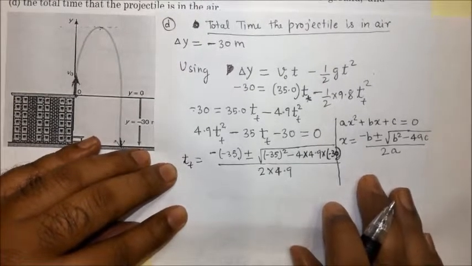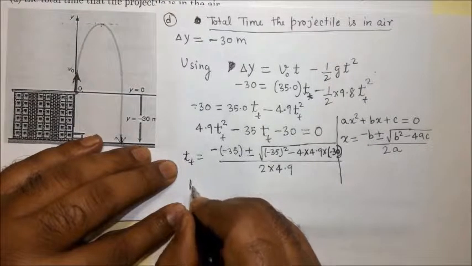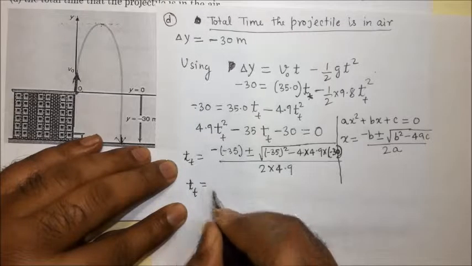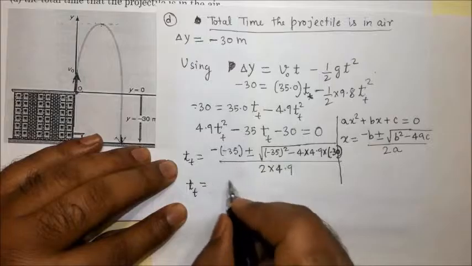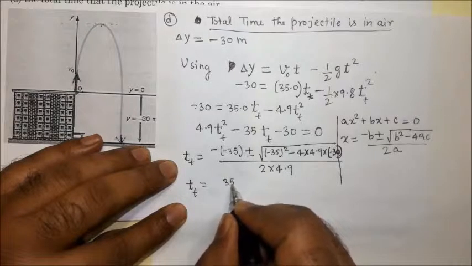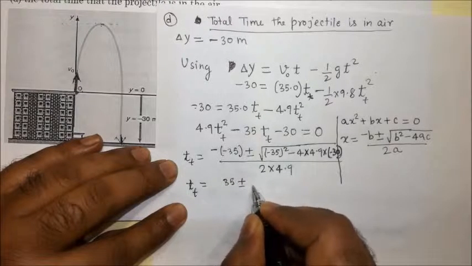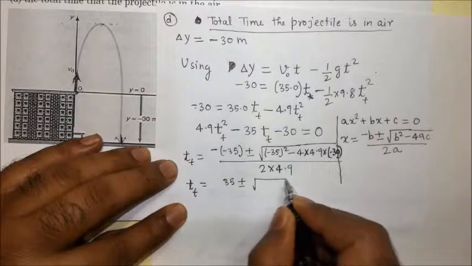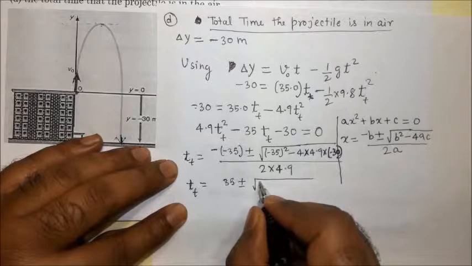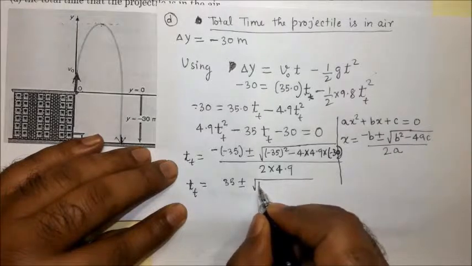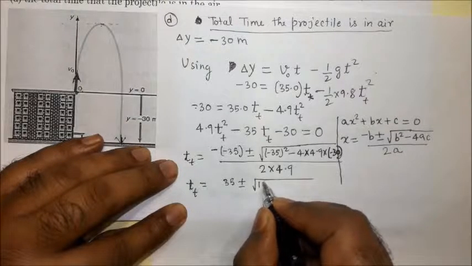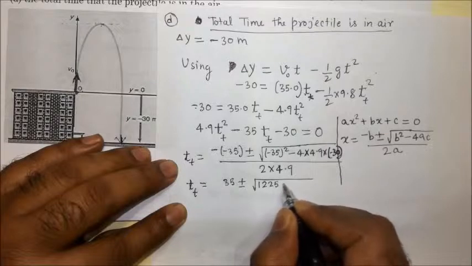Okay, so t sub t equals minus minus becomes plus 35 plus minus, 35 square is how much? 35 square is 1225.